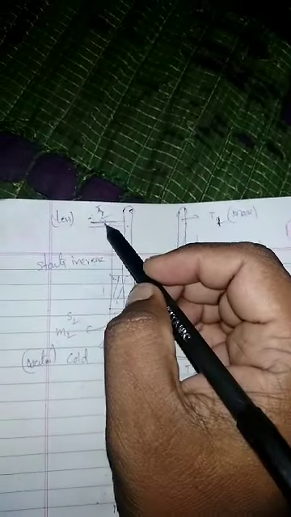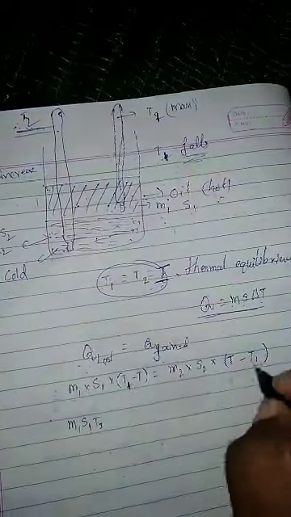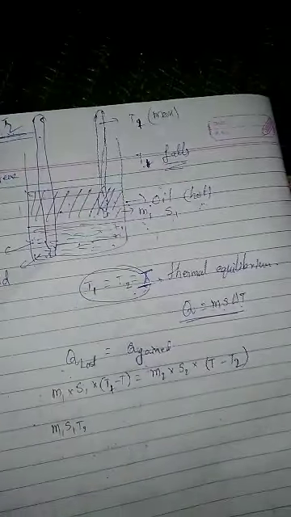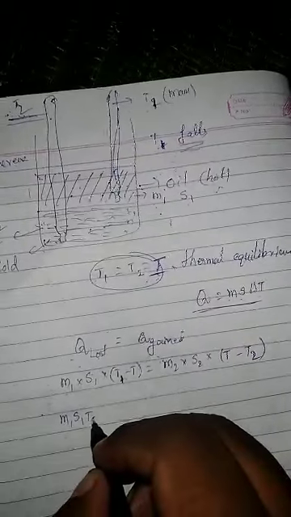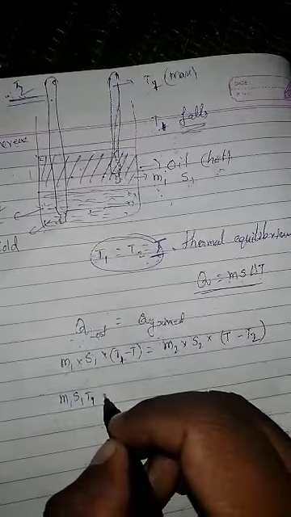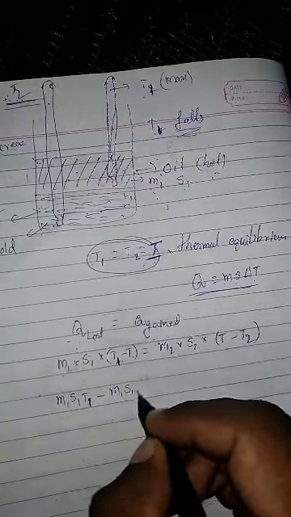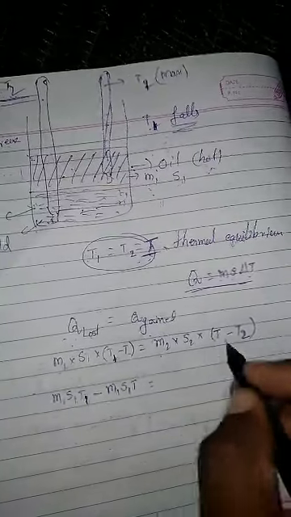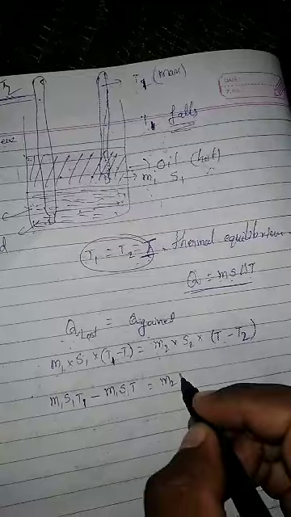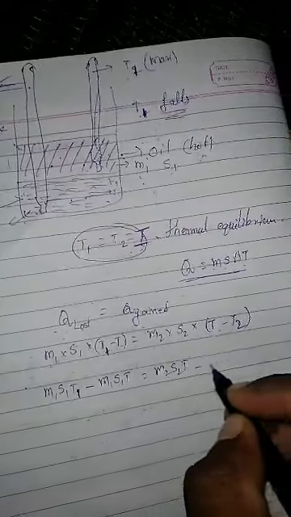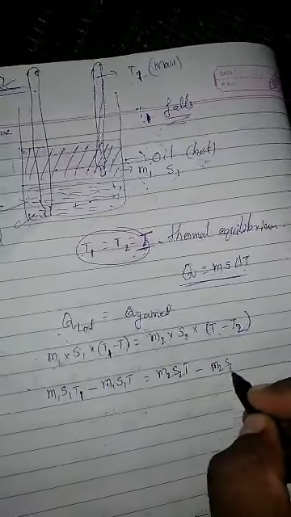Oil's temperature, let us assume T1, and water's temperature T2. Now M1 S1 T1 minus M1 S1 T is equal to M2 S2 T minus M2 S2 T2.